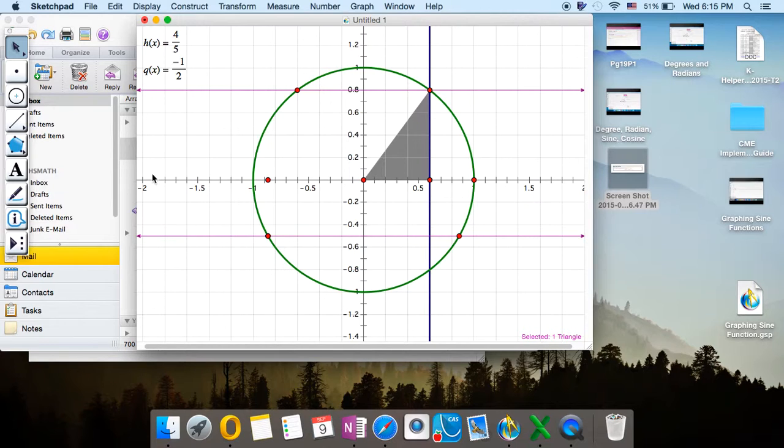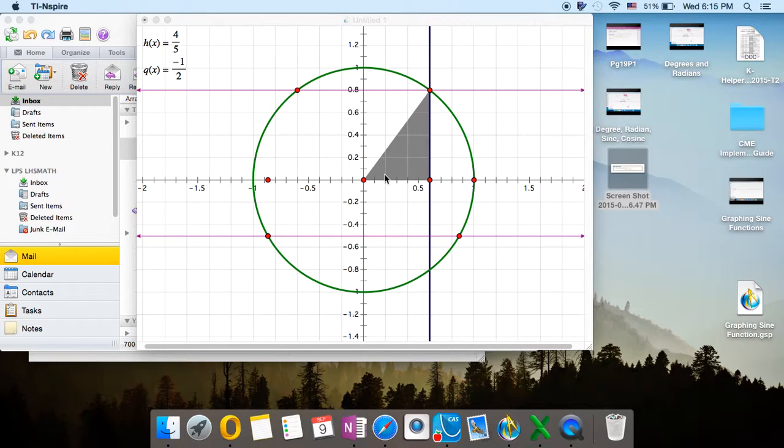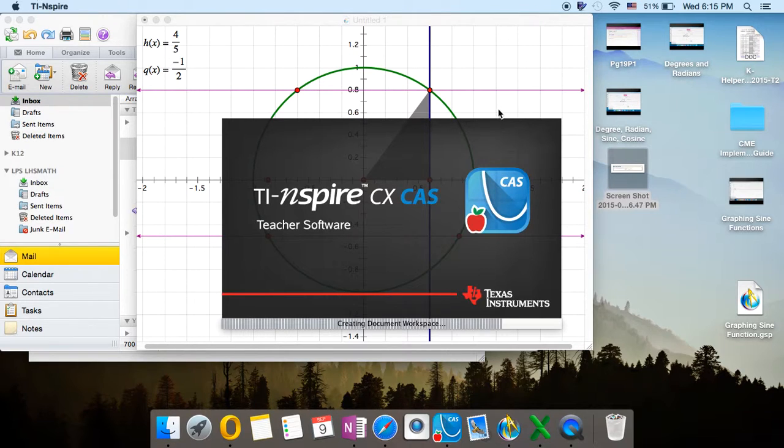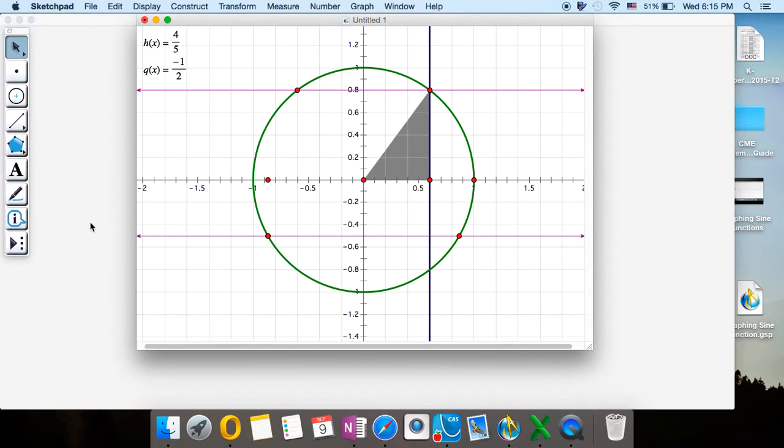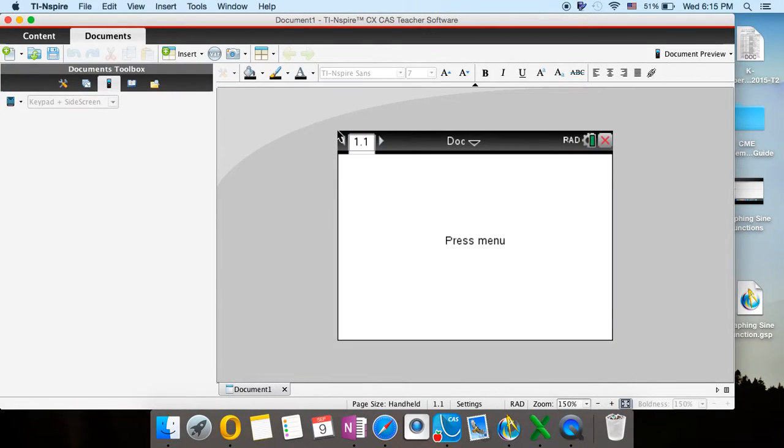If this is 60 degrees or 30 degrees or 45 degrees, I know how to do it because it's a special triangle. But if the angle is not very clear, we have to use calculators.